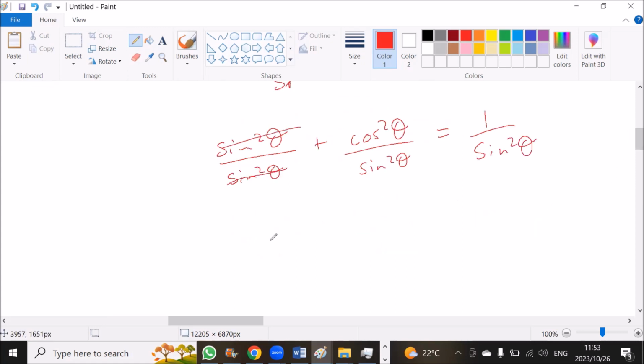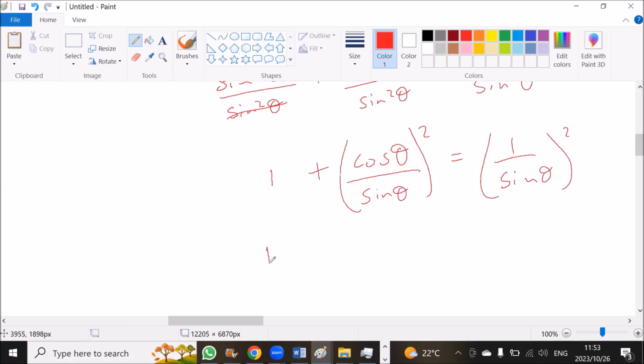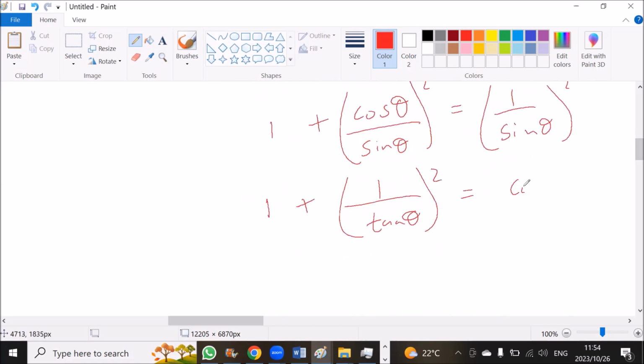This will cancel out and we have 1 plus (cos theta over sine theta) squared is equal to 1 over sine theta squared. This will be 1 plus cos theta over sine theta is 1 over tan theta. 1 over tan theta squared is equal to 1 over sine, which is cosec theta.